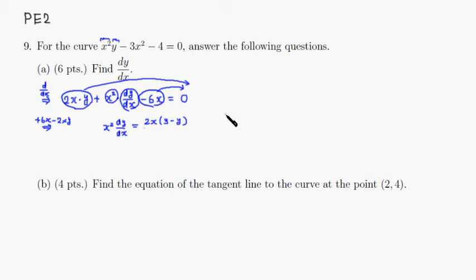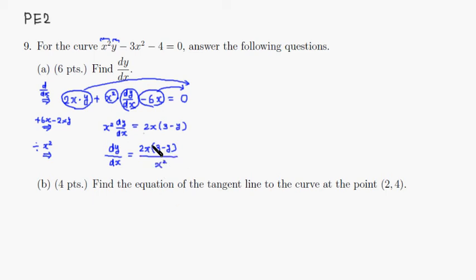Then the last step is to divide through by x squared. If you divide through by x squared, we will be able to isolate dy over dx, which is equal to 2 times quantity 3 minus y, over x squared.